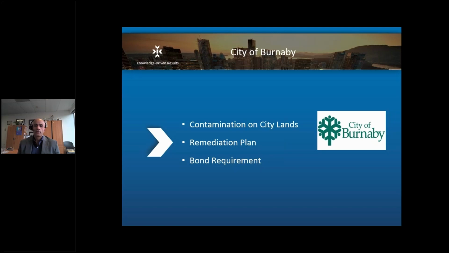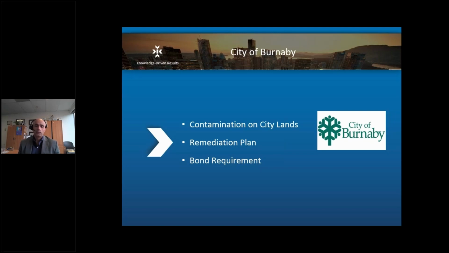We had a few sites in Burnaby where it was a large multi-phase development. The City of Burnaby would not grant an excavation permit on the next phase until we had the instrument in hand. So understanding the nuances and requirements of the City of Burnaby is critical from a timelines perspective, and for making sure the client's project is moving forward.